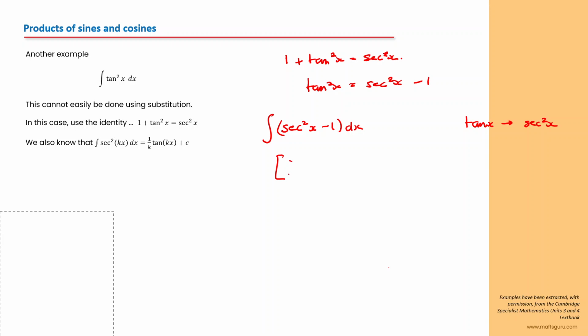So that becomes square brackets tan x minus x plus c, that's just tan x minus x plus c. Because it wants the integral of, that's it. See what we're doing here? Yep, hopefully that is easier.